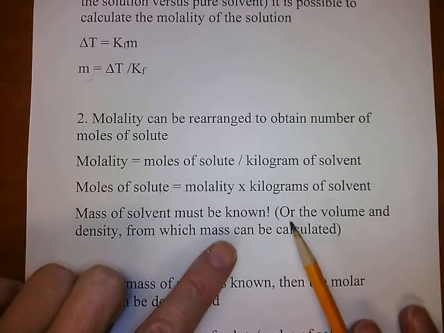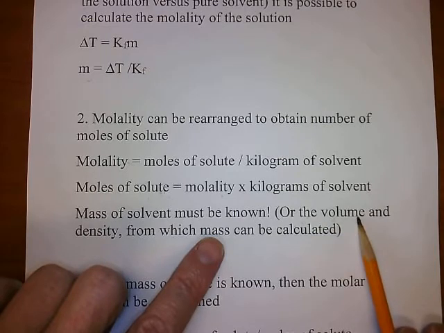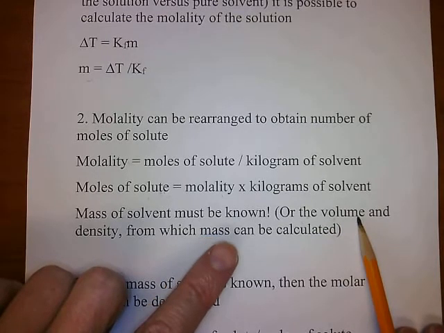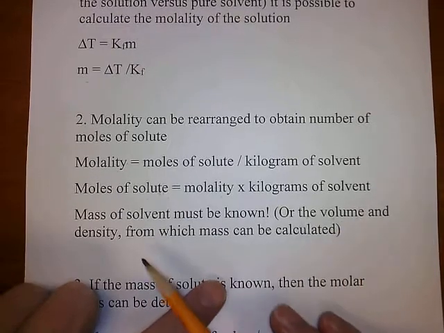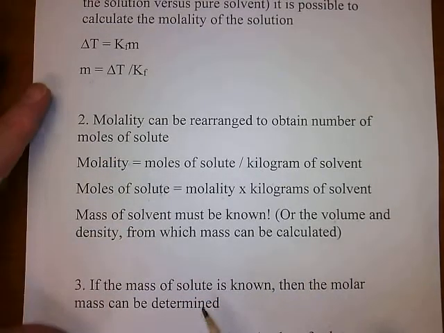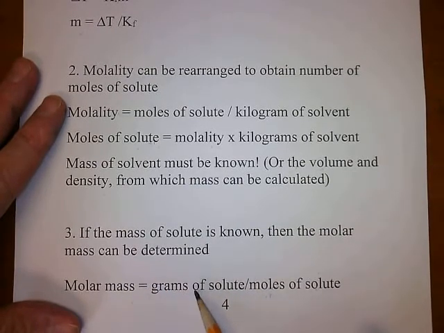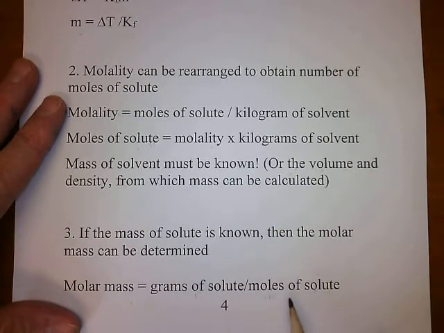The way we're going to do it is to measure out a specific volume, because cyclohexane is a liquid at room temperature, and then use the density to calculate the mass. And then last, what are we after? We're after the molar mass of the solute.